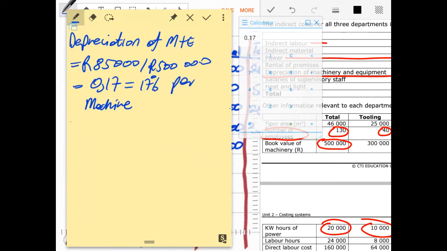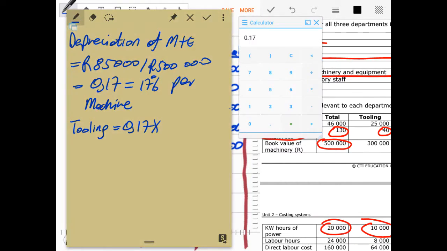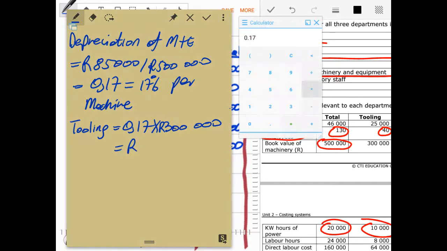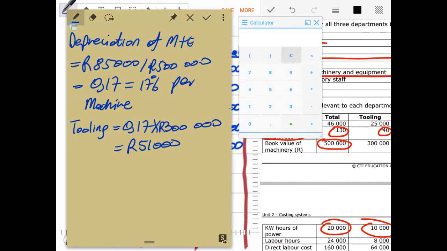The tooling department will get a share of 17%, which is 0.17, times 300,000 rands, and it will give us an amount of 51,000 rands.